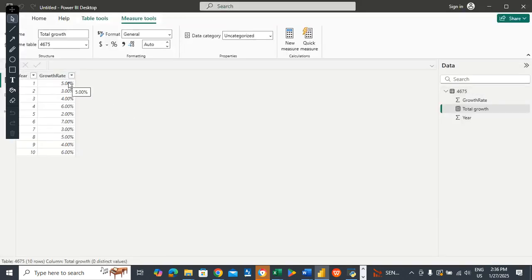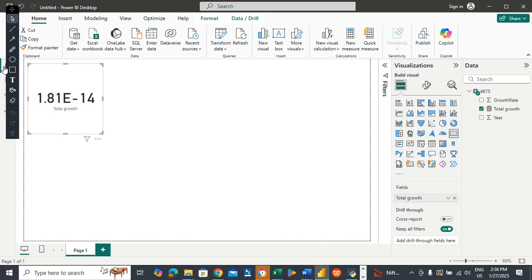First year, the growth rate was 5%, second year, 3%, 4%, 5%, so on and so forth. So imagine that your interest on that particular loan was 5% and 3% and so on and so forth. And if you want to understand how much the bank would have earned, then in that case the idea is that the bank would have earned 1.81. This is basically 181% in terms of the money that they had invested.